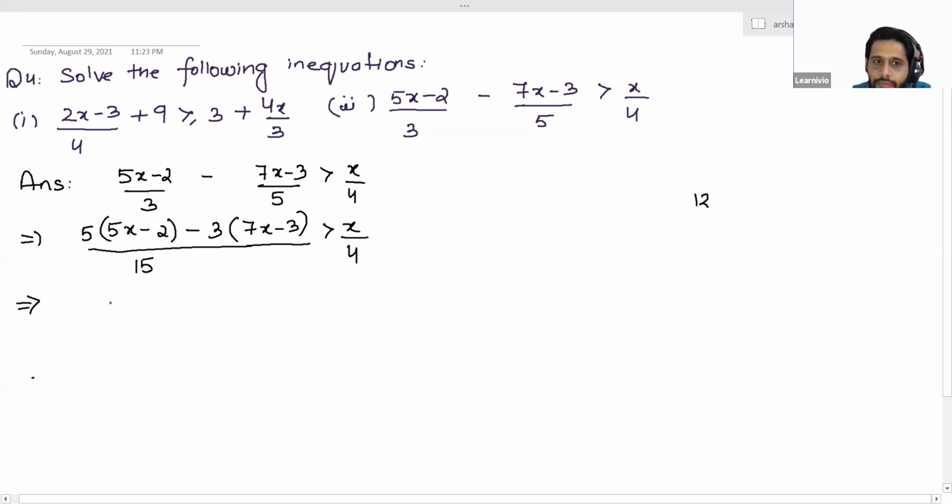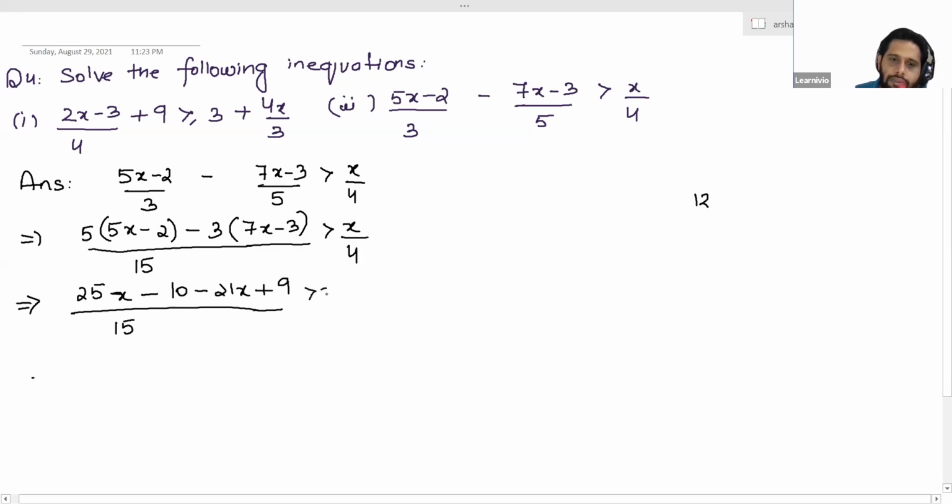Yes, sir. Okay. Now, denominator is 15. Please open this bracket. This is 25x minus 10 minus 21x plus 9 is greater than x by 4.